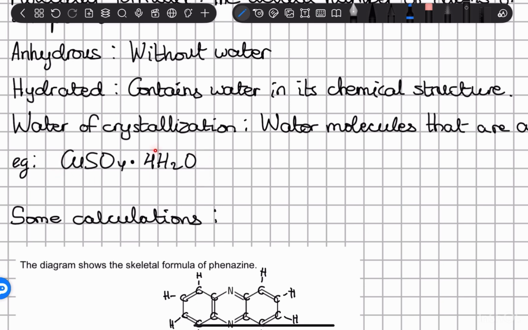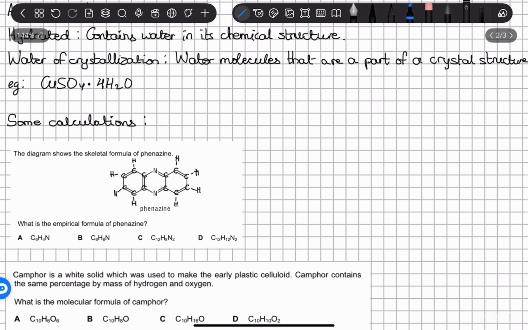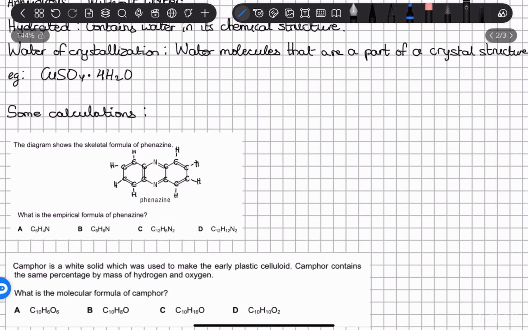This compound can be found as a solid, and then you heat it up, and all of the water evaporates, and then this compound is usually blue, and it changes to white, I believe. There's also cobalt chloride, which is similar, and that changes from, I believe, pink to blue or blue to pink. These two compounds, copper sulfate with the water of crystallization and cobalt chloride, I usually use to test for water in a compound.